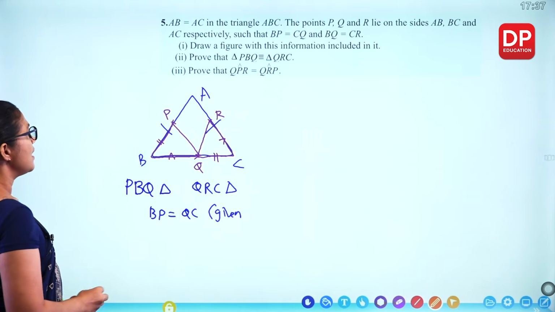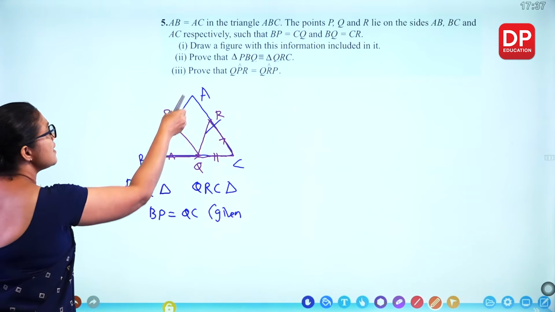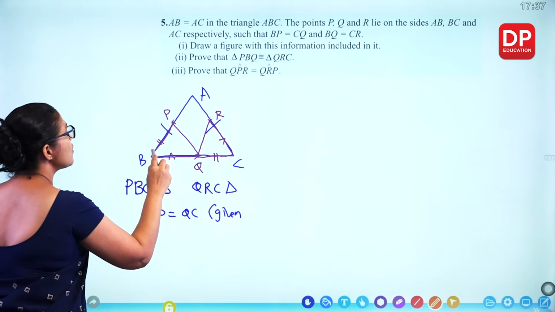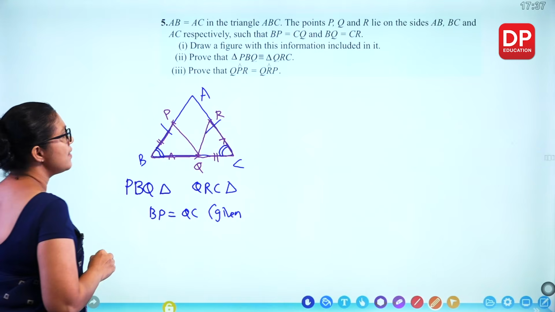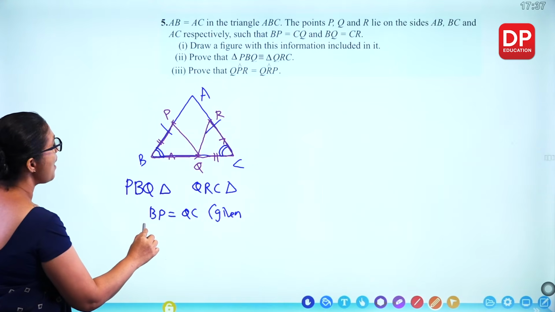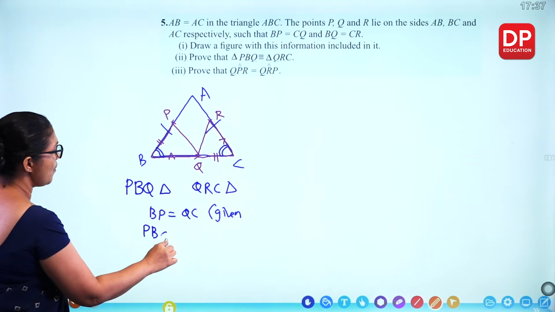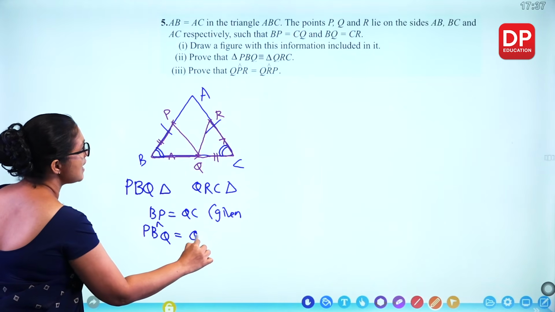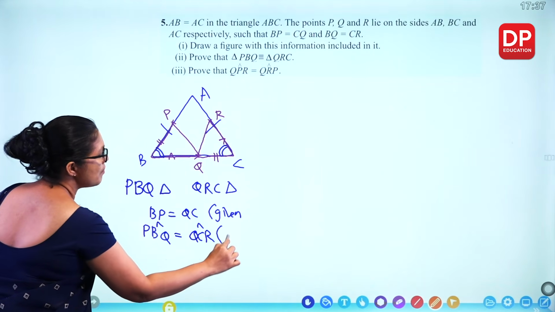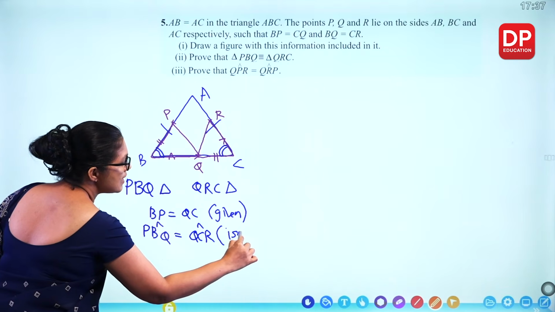What else is given? We know this side is equal to this side. So this angle should be equal to this angle. So what can you say? PBQ angle is equal to QCR angle, because of the isosceles triangle.